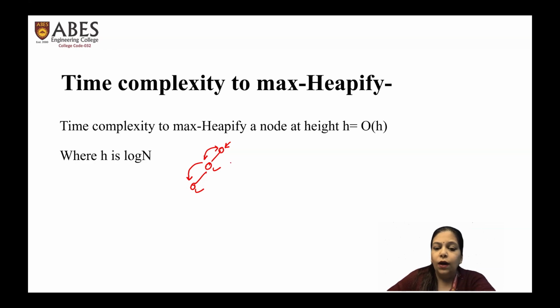So we can say that the time complexity of max heapifying a node at height h will be given by O of h. This is in the worst case, where h is represented by log n in case of a complete binary tree.